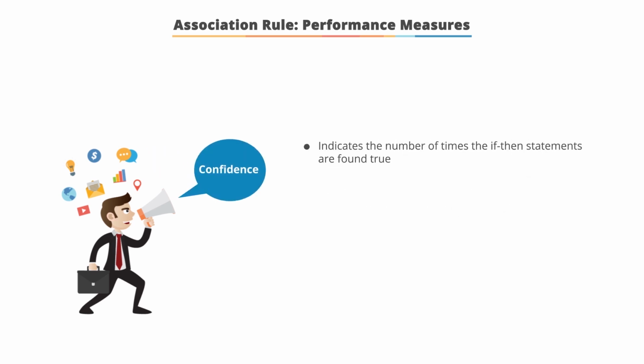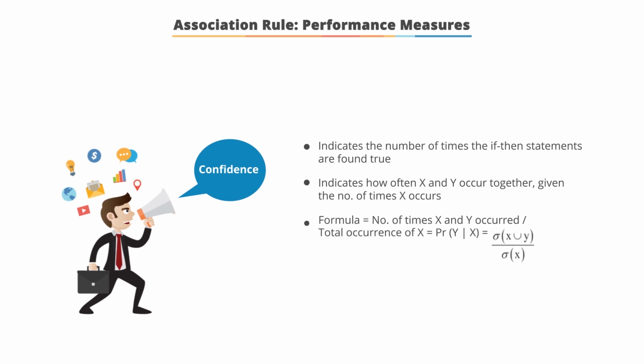Confidence indicates the number of times the if-then statements are found true. It indicates how often items X and Y occur together, given the number of times X occurs. It is calculated as the number of times items X and Y occurred divided by the total occurrence of X.